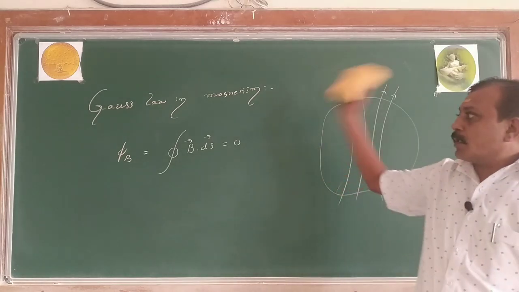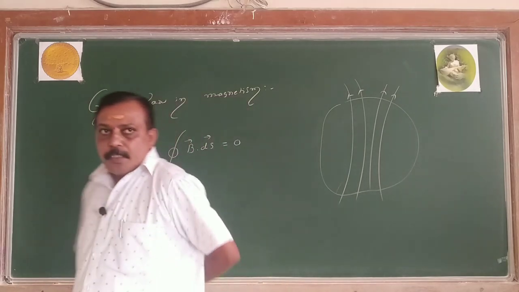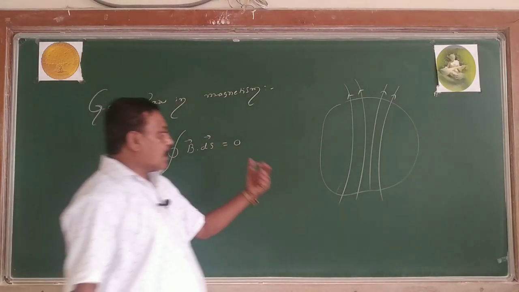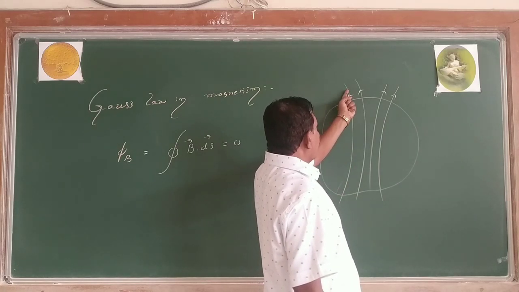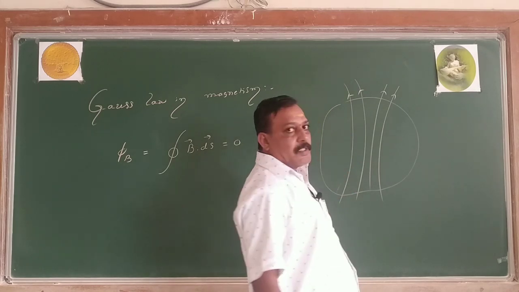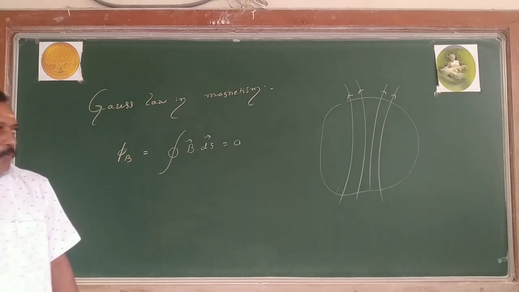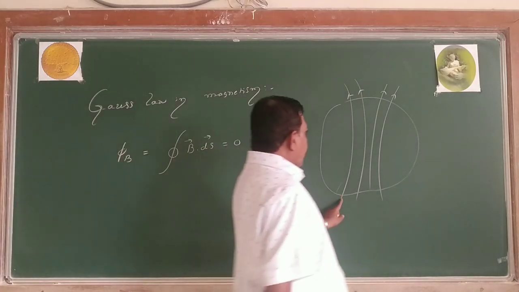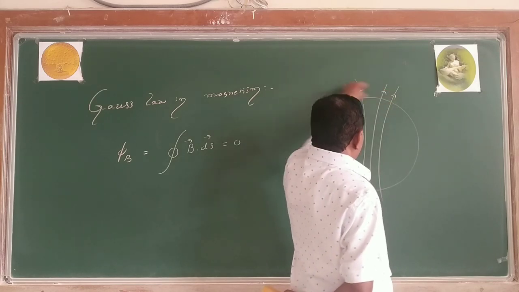From this figure, whatever magnetic lines of force enter the surface, almost all the magnetic lines of force emerge out from the surface. Hence, the total flux enclosed by the surface is 0, and no magnetic flux is available in the closed surface.